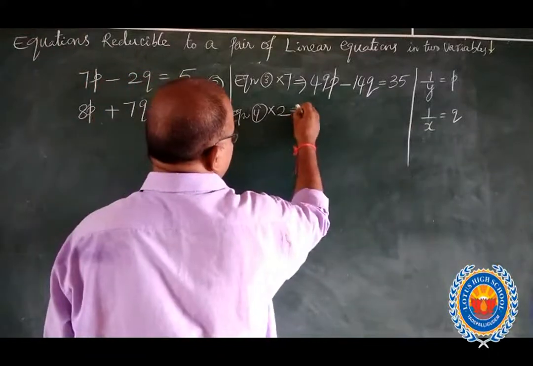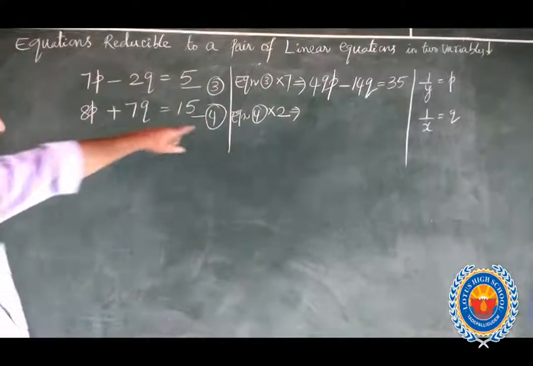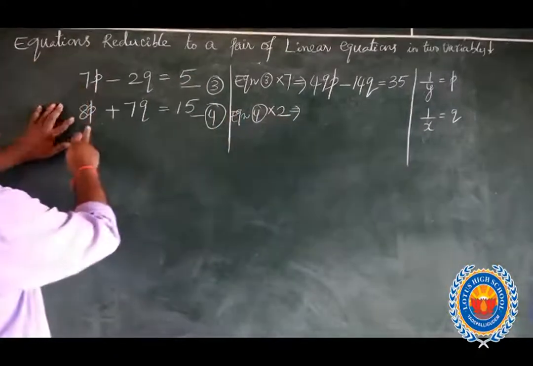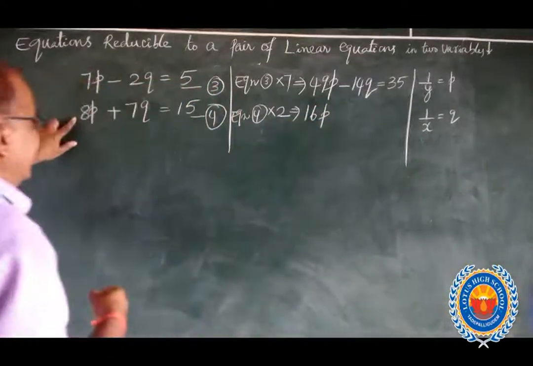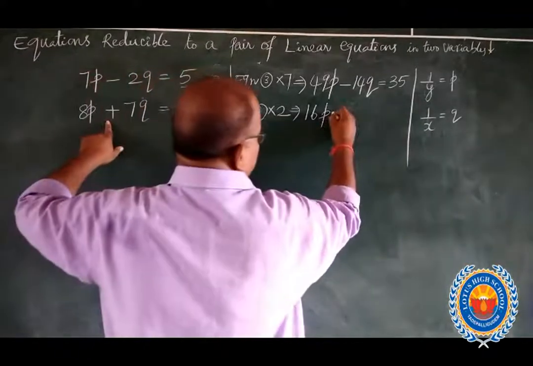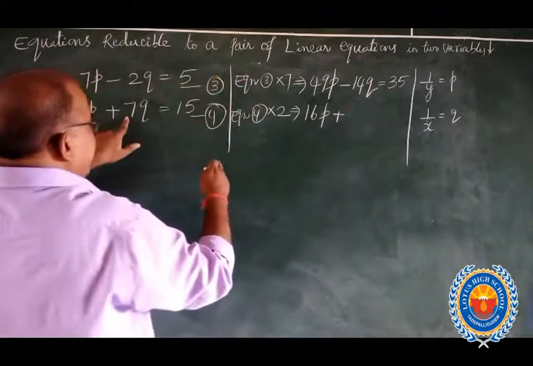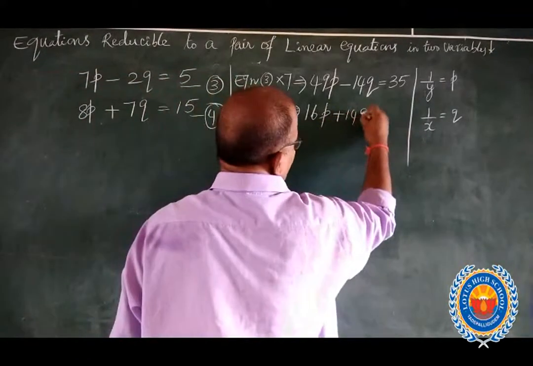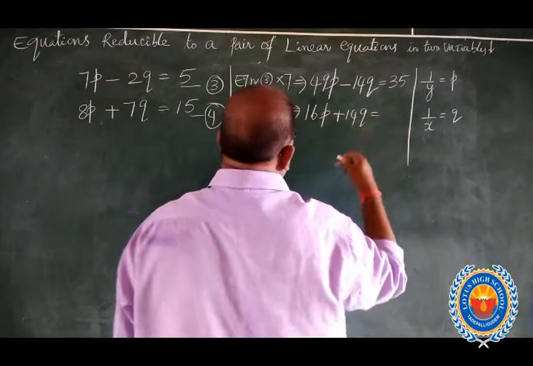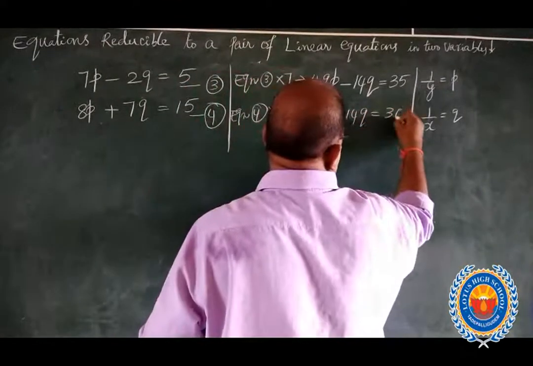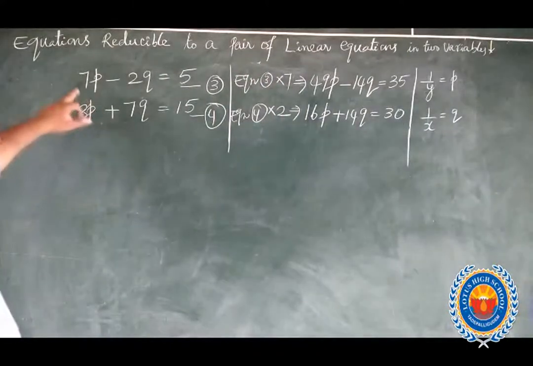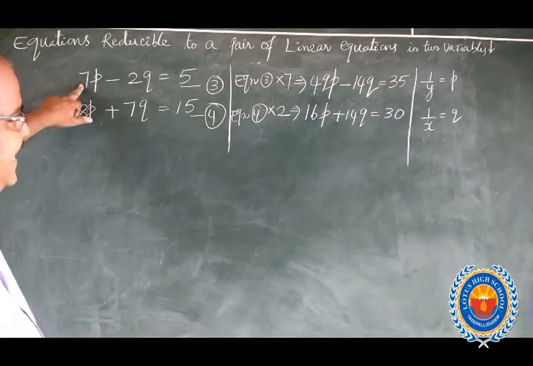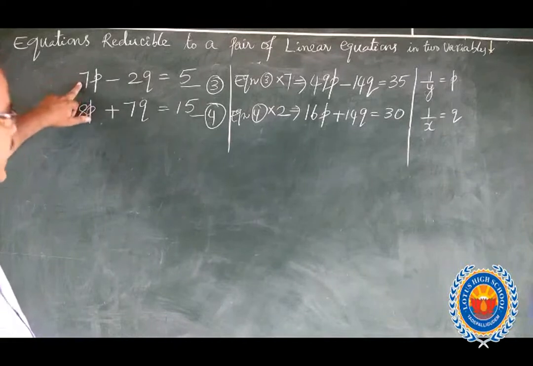Coming to the full equation into 2, 8 twos are 16p, plus 7 twos are 14q is equal to 15 twos are 30. Carefully we have to multiply both LHS and RHS.